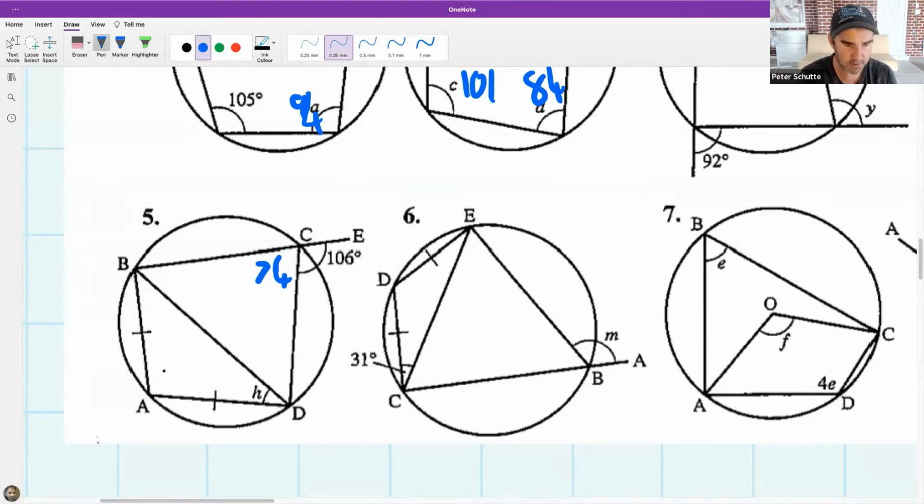Maybe I'll call it X. X plus 74 must equal 180. What does that X need to be? Well, I need 6 to get to 80 and then another 100. So this is going to be 106.